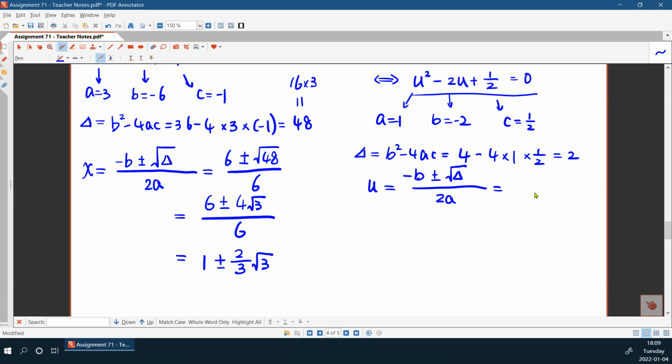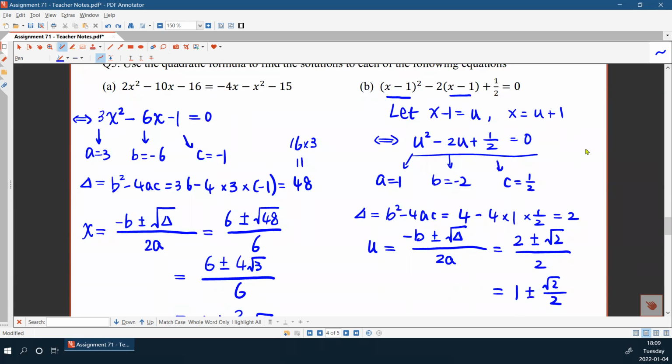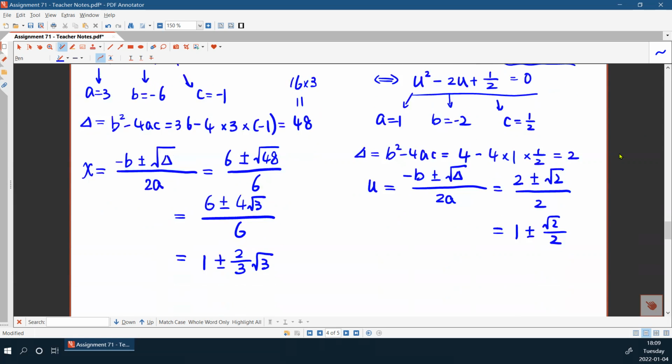Then let's put all the numbers in. 2a is 2, negative b is 2, then plus or minus the square root of 2, right? Which is (2 plus or minus square root of 2) over 2. But note here, you have solved u, but the question asks us the value of x. Note here, x is actually u plus 1, right?